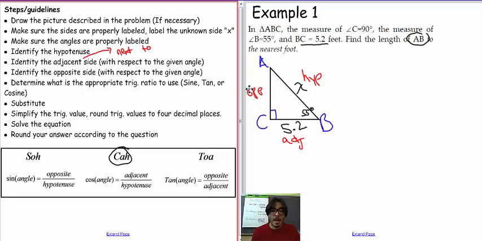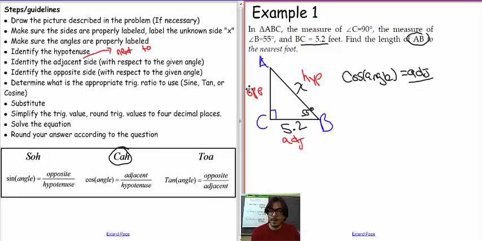So I'm going to write the formula. It says the cosine of the angle equals adjacent over hypotenuse. Okay?